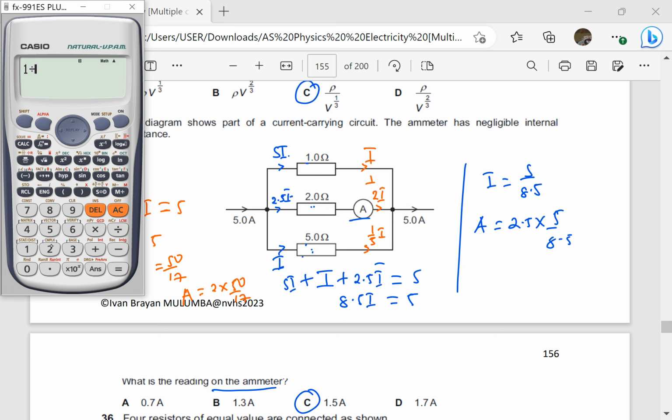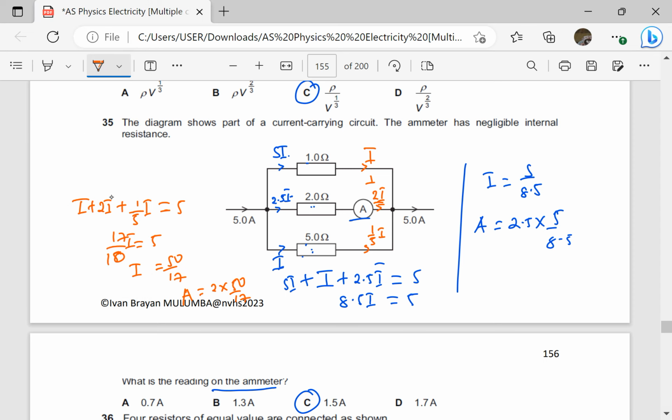What is 1 divided by 5, which is 0.2? Okay, I think this relation will not work here because of the math. My mathematics may not be very good here. But this side, the blue one has worked directly. I think the blue one is easy.